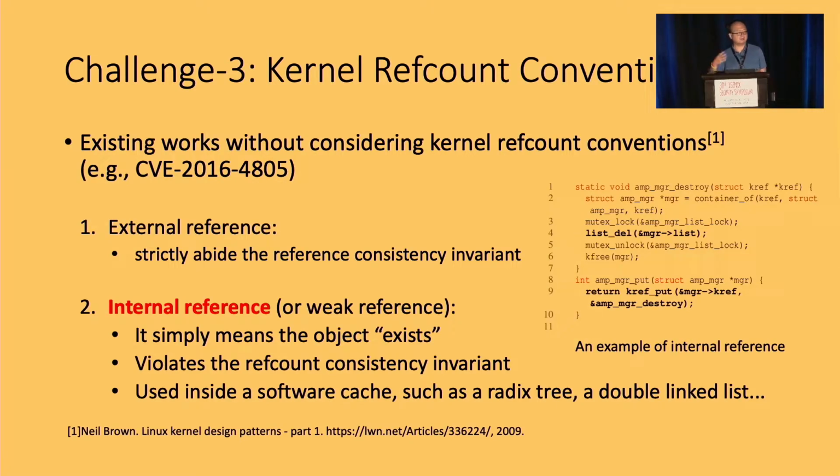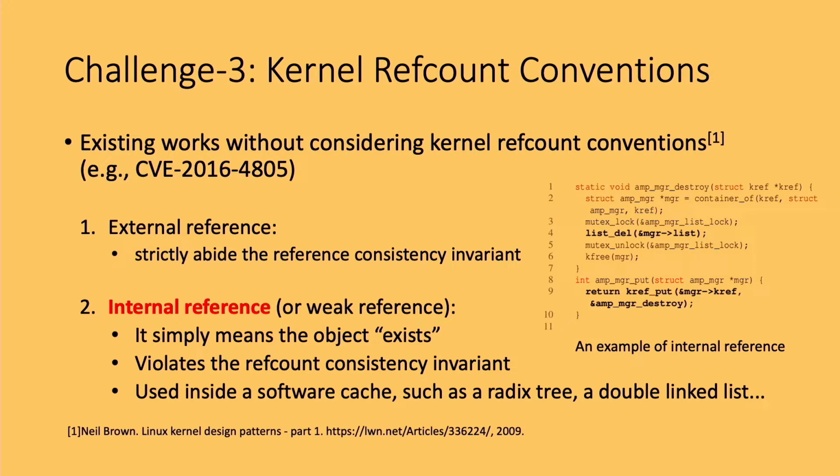For example, there may be some caches that are used to indicate whether this kind of object exists. When you look up, you can first look at this cache, and if you find the object, then increase the ref count. But the reason these references are not ref counted is because they only represent that the object exists.